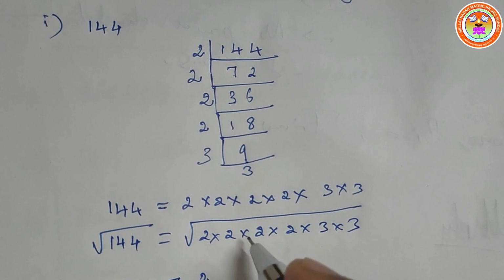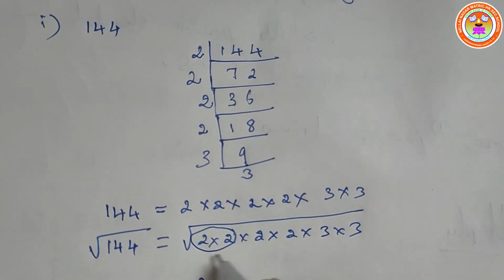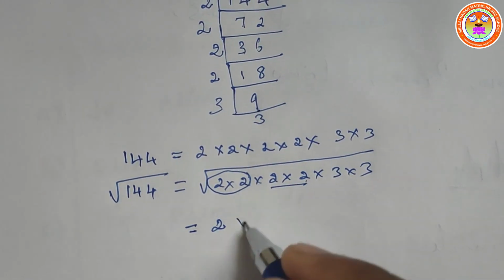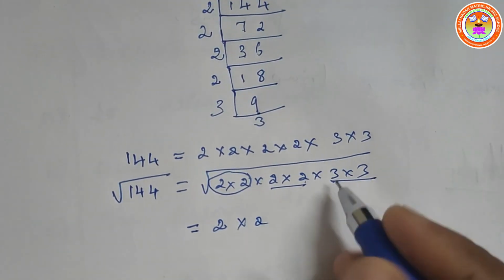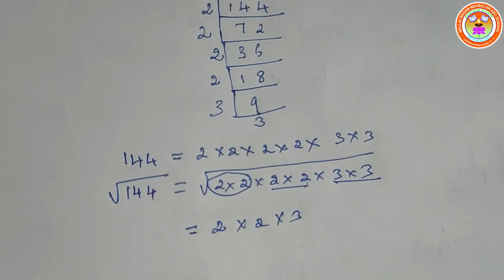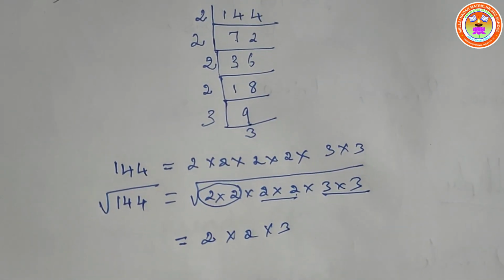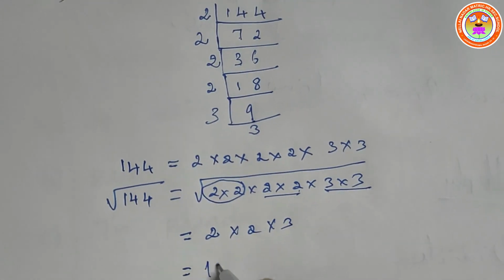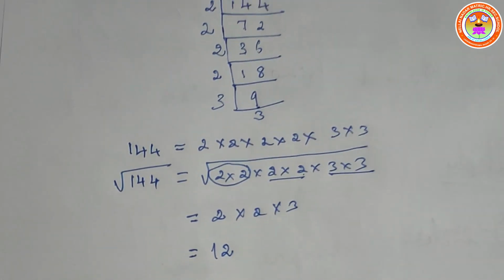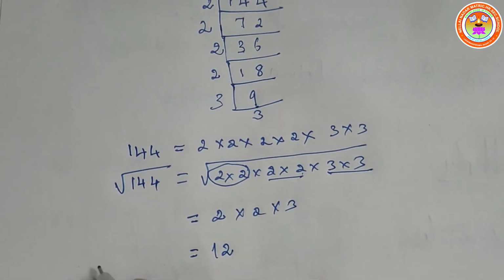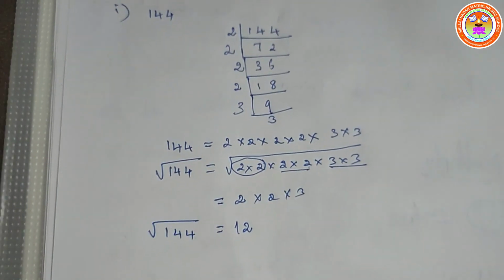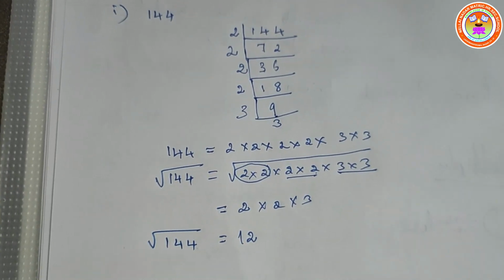For this 2 into 2 you will take one 2, and for this pair you will take another 2, and for this 3 into 3 you will take one 3. So 2 2s are 4, 4 3s are 12 is the answer. So square root of 144 is 12. This is called the prime factorization method.